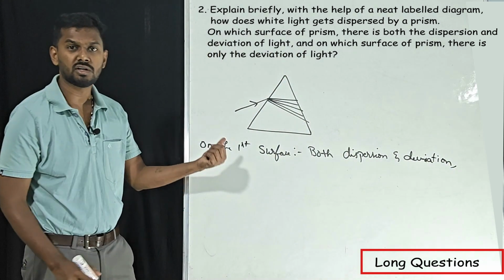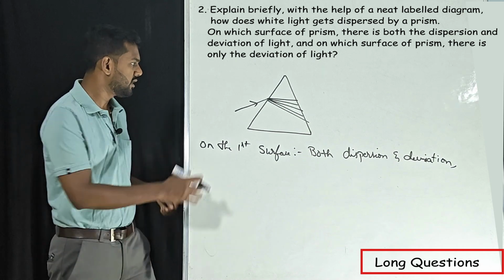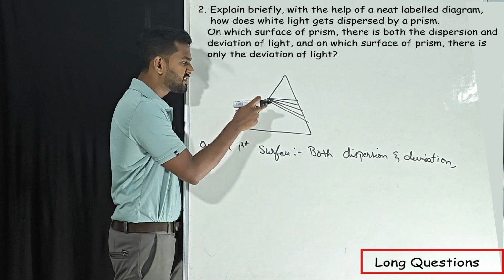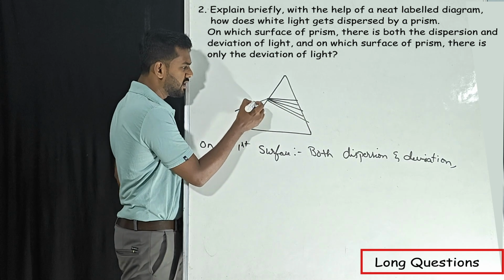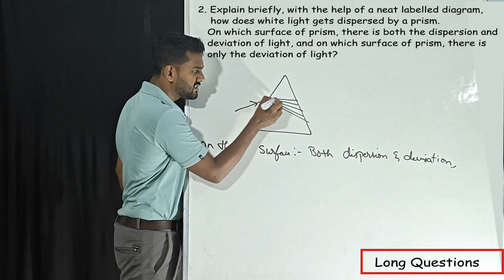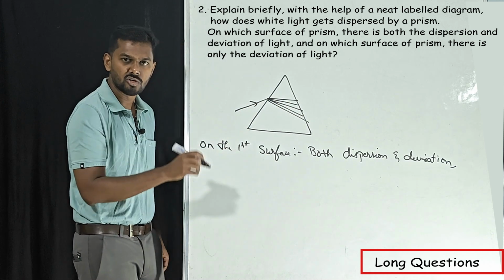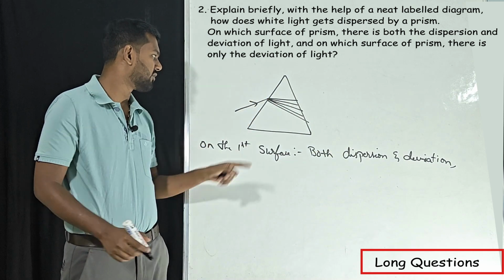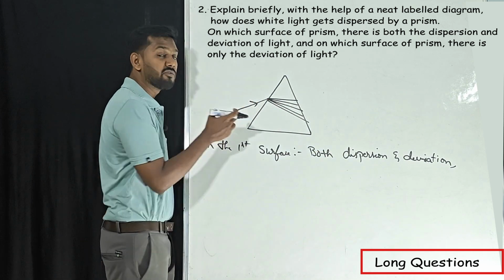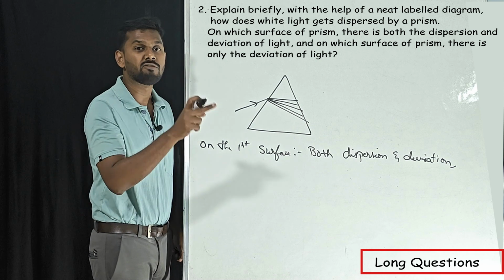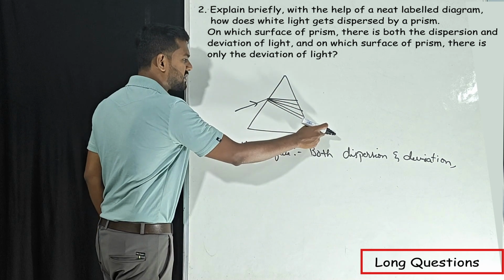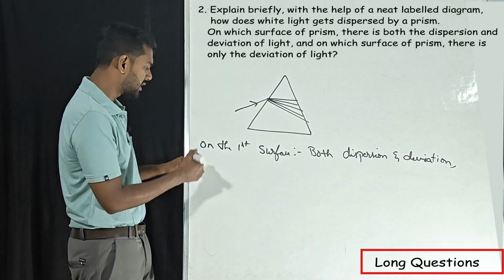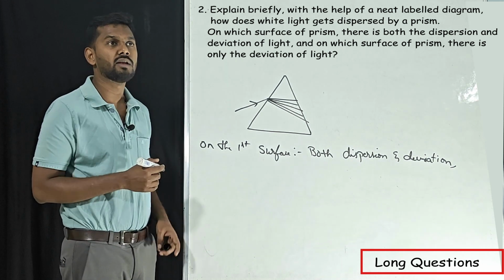Correct, this is what understanding means. Dispersion is splitting of light and deviation is change in angle. The first surface is where the light enters. The second surface is where the light exits, the emergent ray.